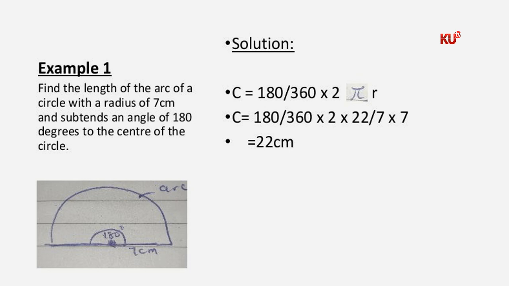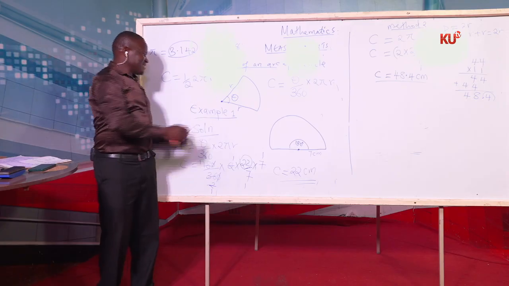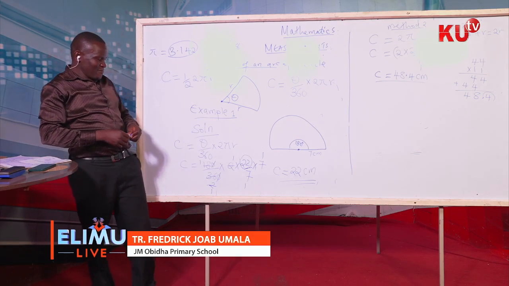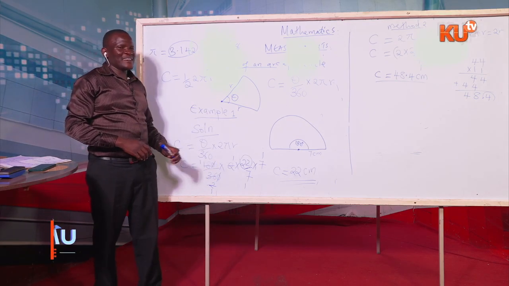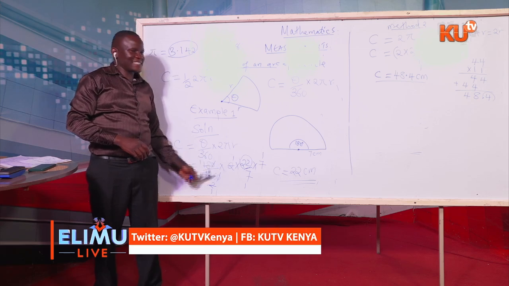And the arc that we were given has formed a semicircle. At one point, a semicircle, or the circumference of a semicircle, will be found by the formula a half 2 pi r. So this a half has come from 180 over 360.